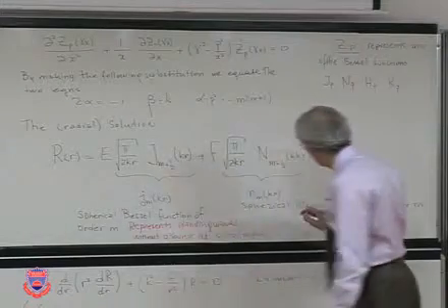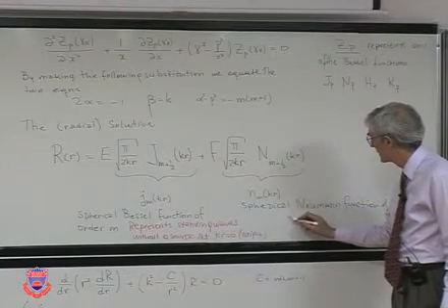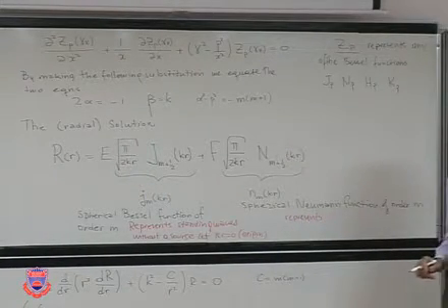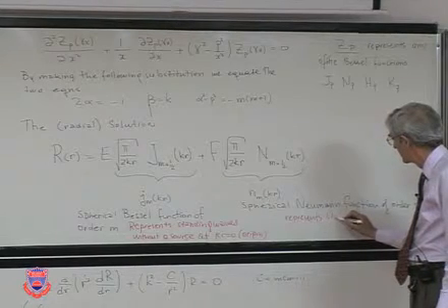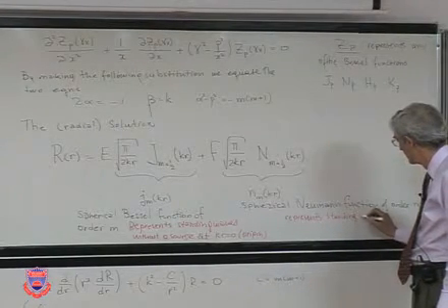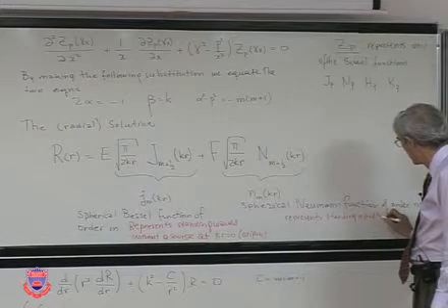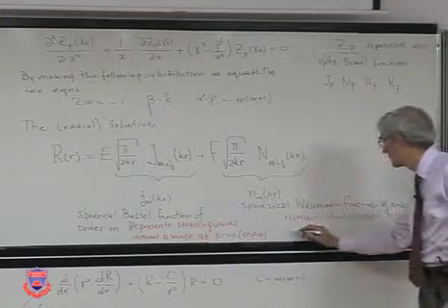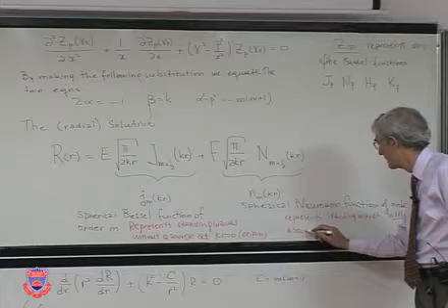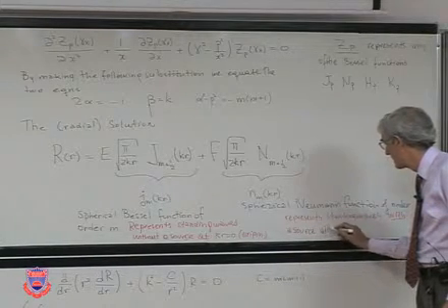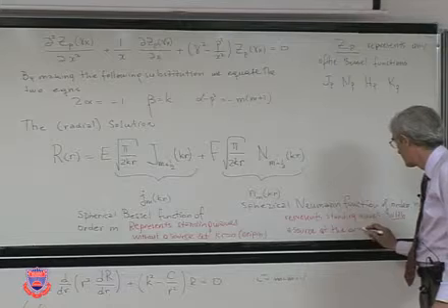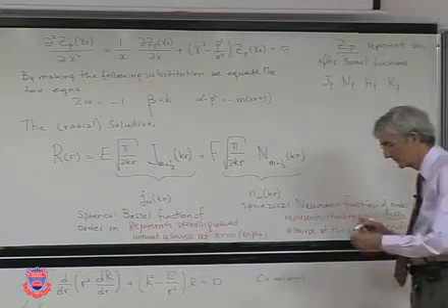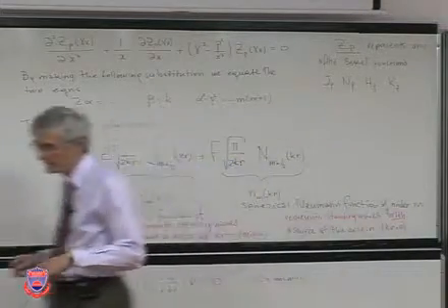Whereas the spherical Neumann function represents standing waves with a source at the origin, at kr equals 0.